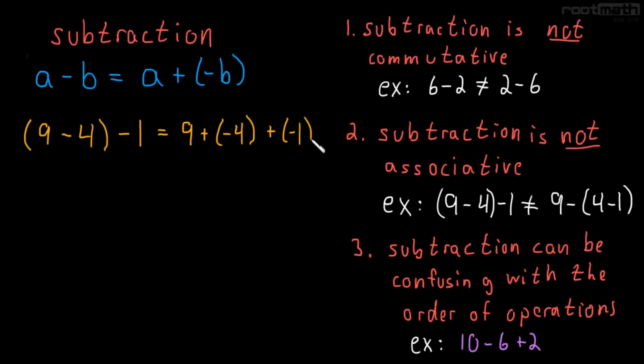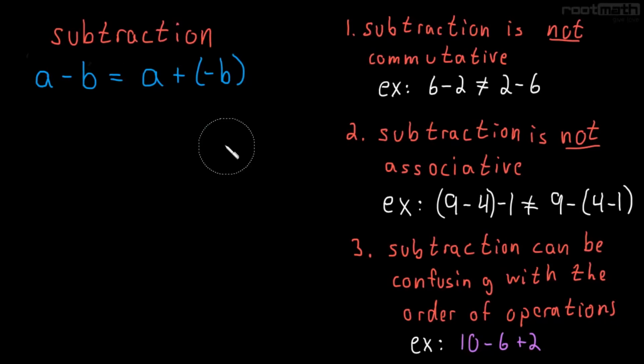And now, this is all addition, and since addition is associative, it doesn't matter where we put the parentheses. We could put them around the 9 plus the negative 4, or we could put them around the negative 4 plus the negative 1. And why don't you try doing that at home? See if you get the same answer. You should, because addition is associative.